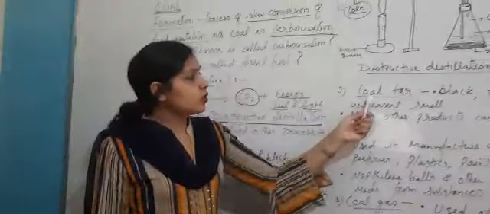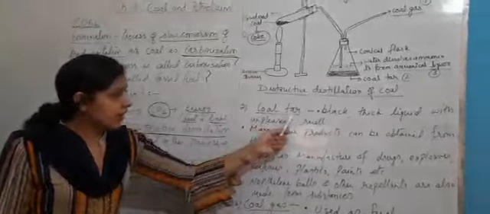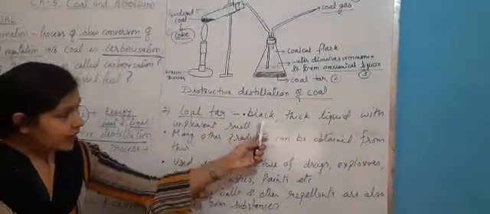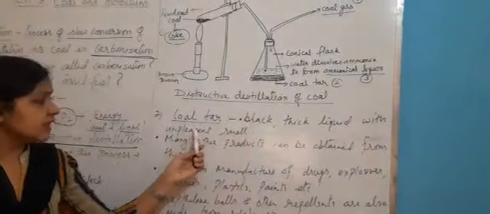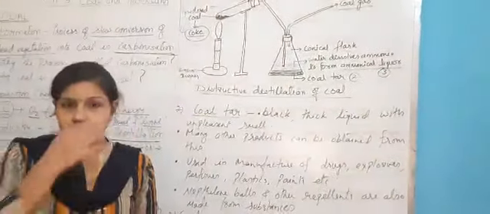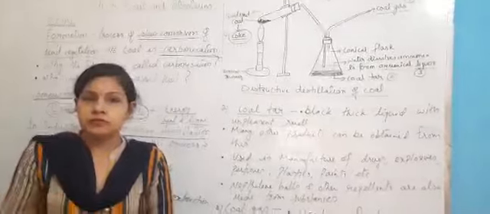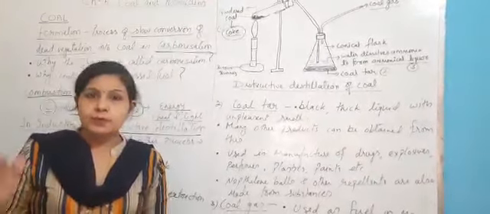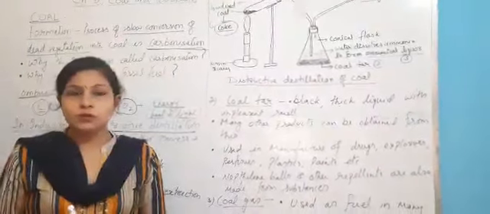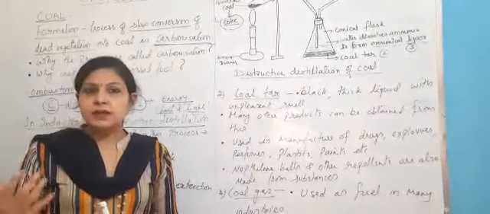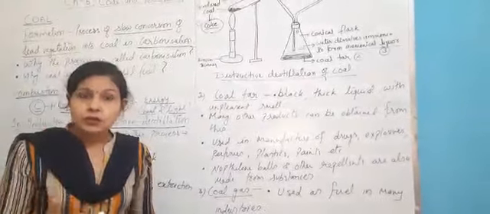Then another thing which we obtain from destructive distillation is coal tar. It is also a black, thick liquid with an unpleasant smell. Children, you have sometimes seen that when people make a road, they put a black liquid over the road and an unpleasant smell comes out from that. That black liquid is coal tar.